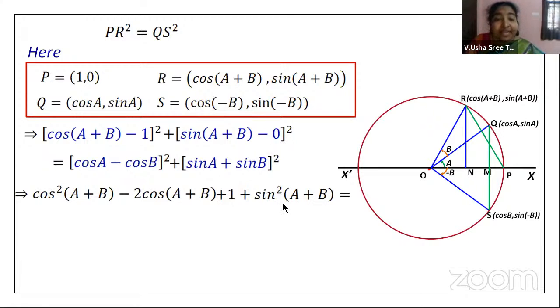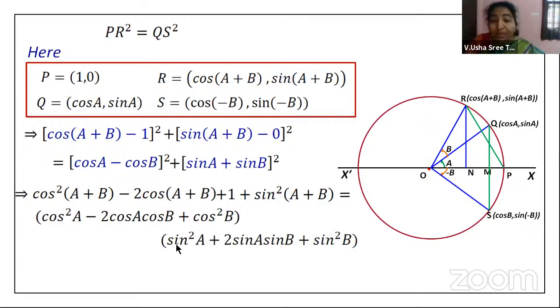It will be sine square of A plus B. Then on the other side, cos square A minus 2 cos A cos B plus cos B square, right? And this is A plus B whole square. So you will have cos square A plus 2 sine square A plus 2 sine A sine B plus sine square B. Now we'll try to simplify this further.